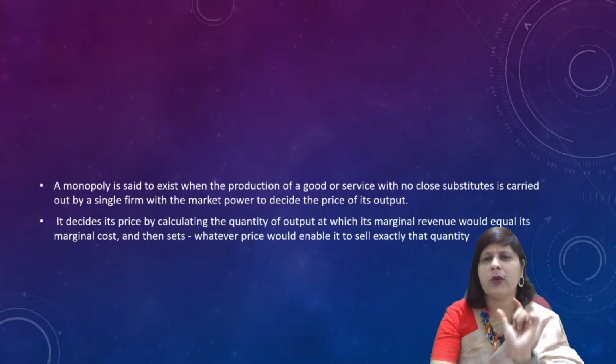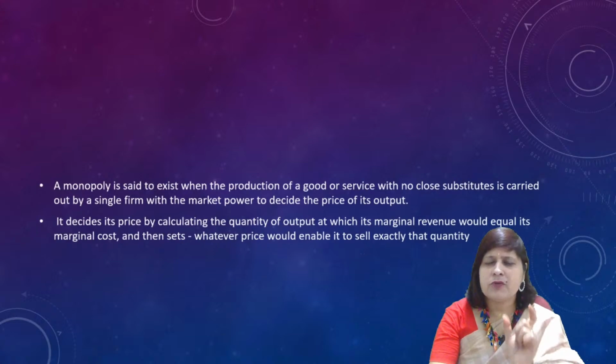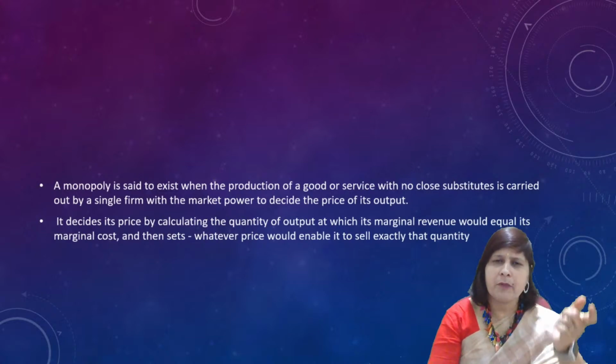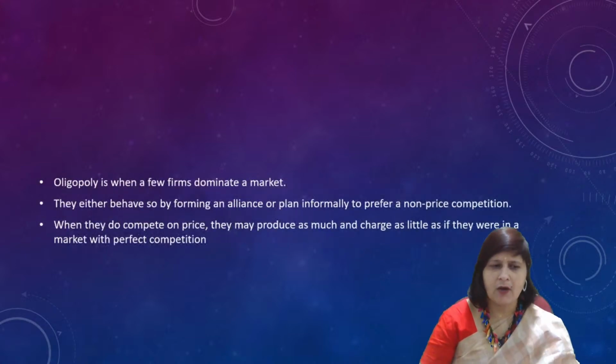It's not easy for a new entrant to enter that market, right? And because there is only one firm which provides that type of goods or services, they have the market power, and they can decide the price of the output. So this is monopoly market.